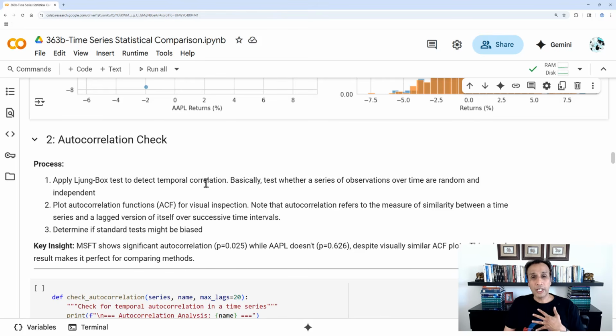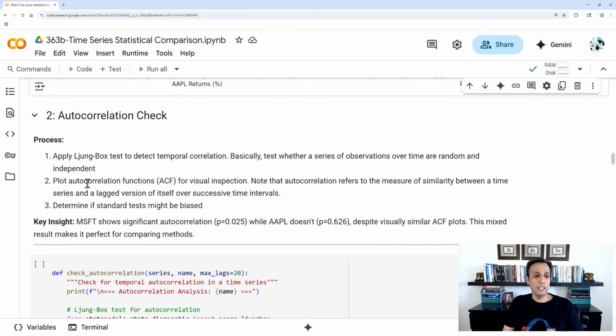Now, how do we check autocorrelation? Again, you have the Ljung-Box test to detect temporal correlation. What does that mean when we apply this test? We test whether a series of observations in a time series over time are random and independent, or if they're not. That's basically what that test tells you. We want to confirm this visually, so we're going to plot the autocorrelation functions.